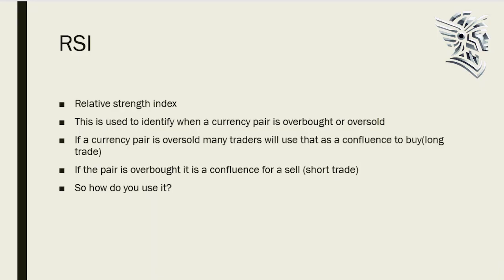So, relative strength index. This is basically used to identify when a currency pair is overbought or oversold. So any of you who have studied economics will know when there's a lot of stock in the market, when there's a lot of supply but not much demand, you'll see price go down.